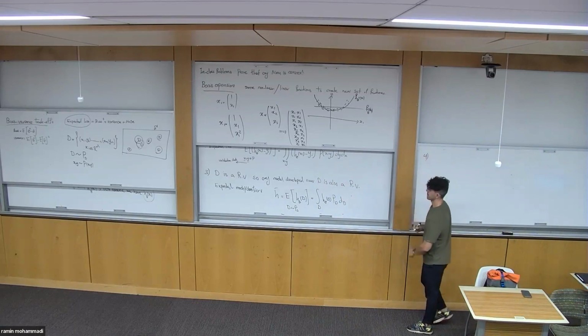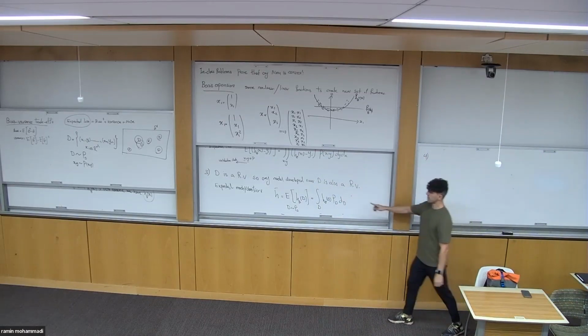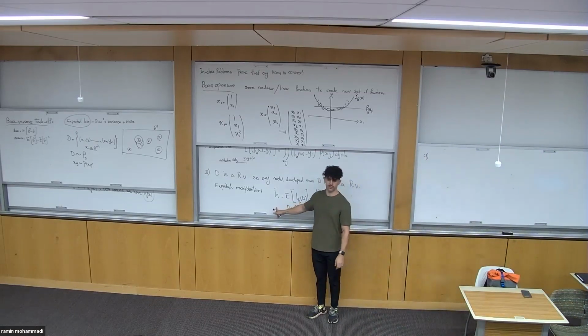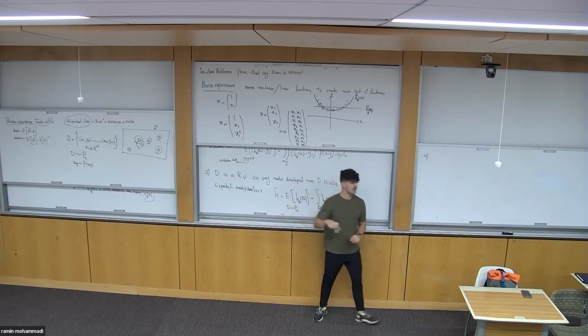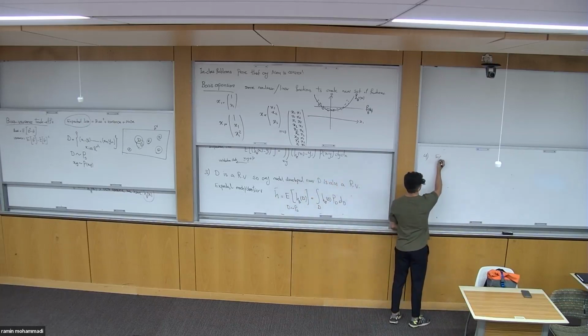Okay, so now we define the expected model, right? That means we have an average set of models, basically. Now we're going to calculate the expected error again.